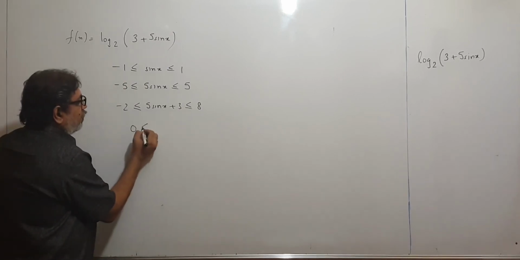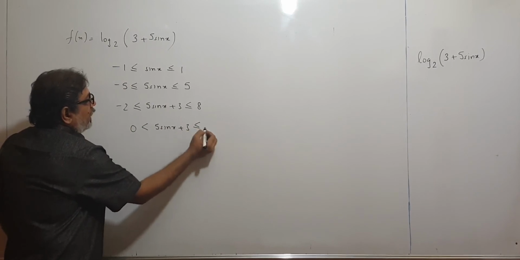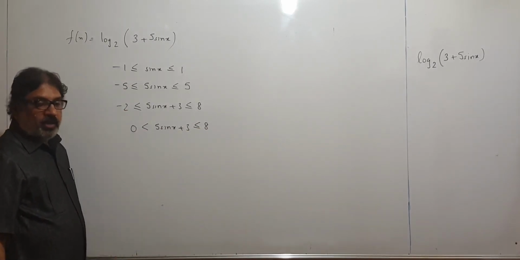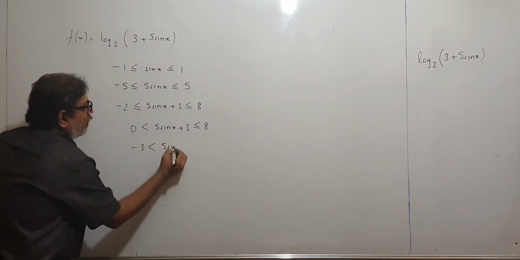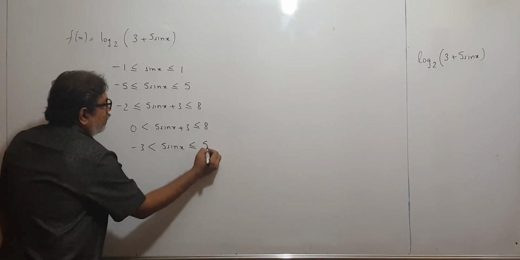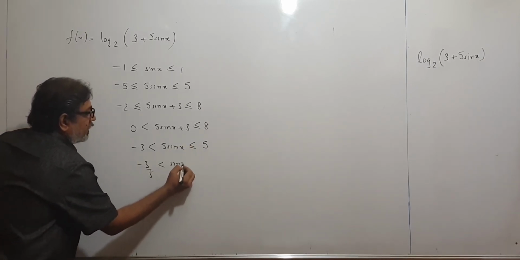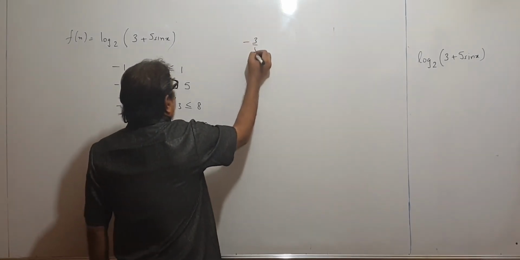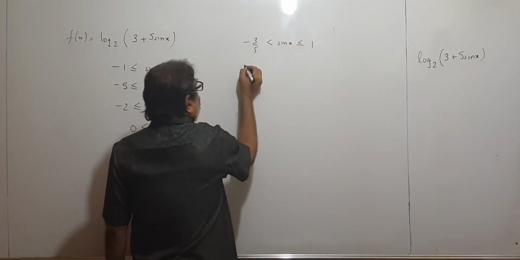So we accept 0 less than 5 sin x + 3 less than or equal to 8. Negative part we cannot take, 0 we cannot take. So now −3 less than 5 sin x less than or equal to 5. So −3/5 less than sin x less than or equal to 1.